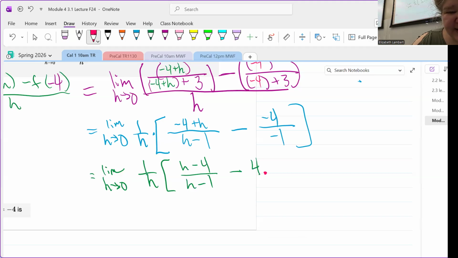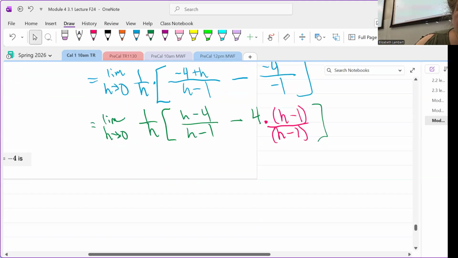So I'm going to multiply this by h minus 1 over h minus 1. Now my denominators are the same, so I can combine this. But we're going to have to watch out for some negatives.